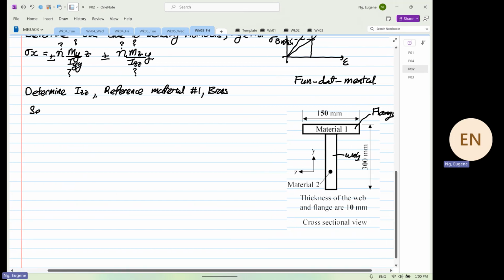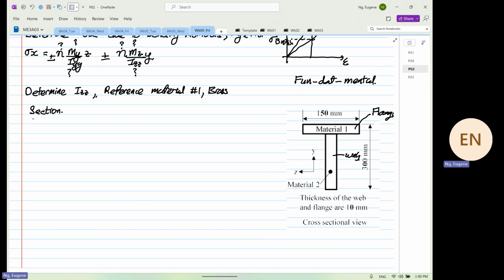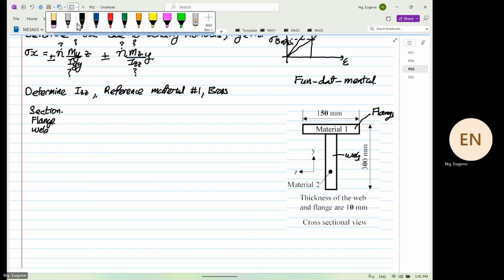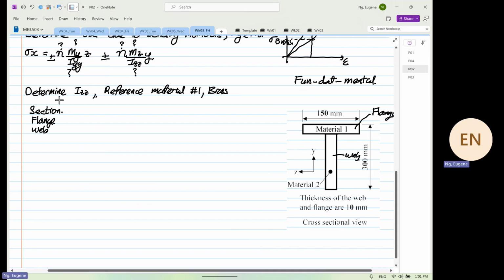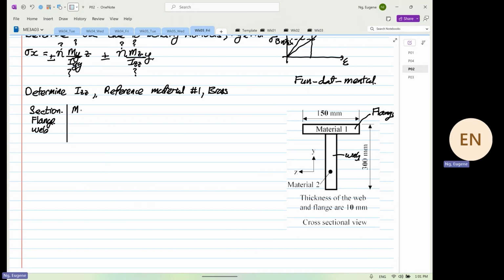Then we go into the section table: we have our flange and we have our web. For this case, the table needs to be more extensive. We call the next column our material. So the material of the flange is brass. The web is made of steel.